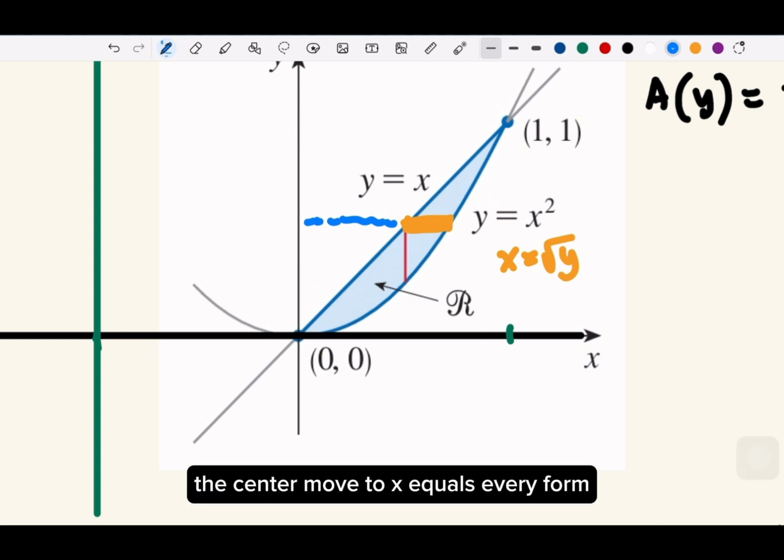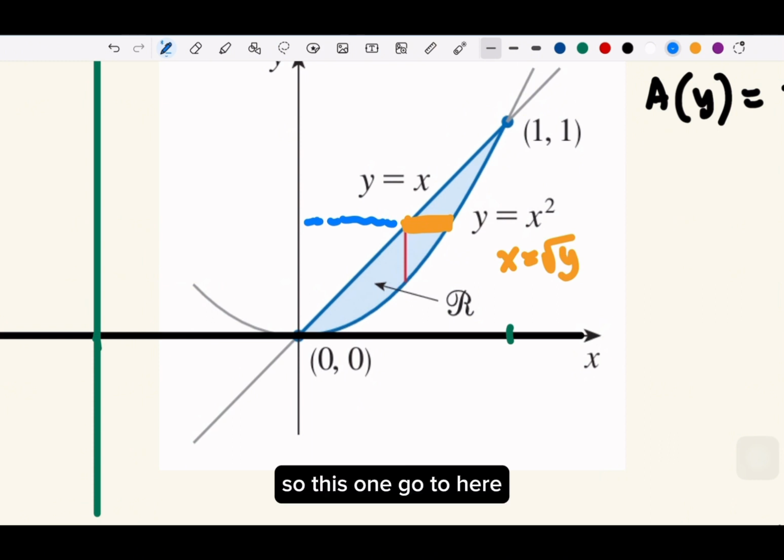The center moves to x equals -1, so we have an additional distance, right? So this one goes through here. So we have 1 plus the radius, the whole radius here, okay? So square root of y plus 1.